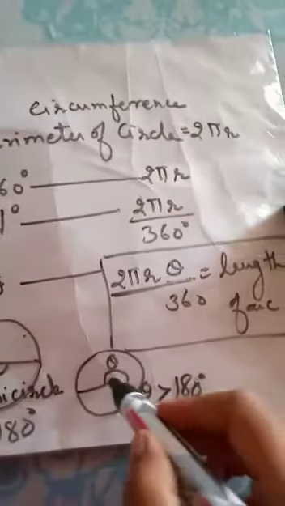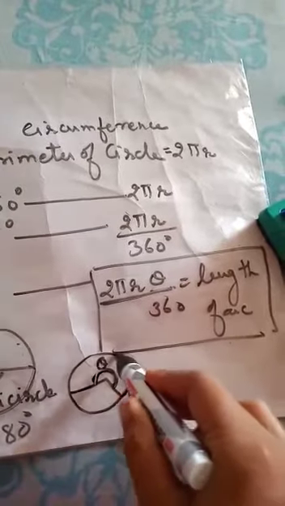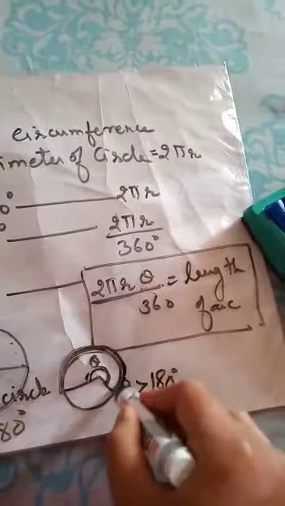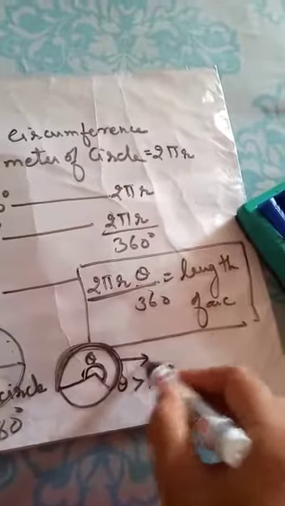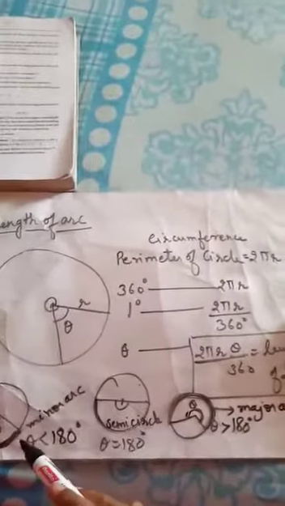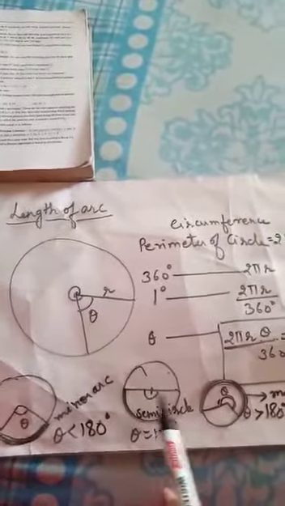And what if the angle is more than 180? If the angle is more than 180, then the arc corresponding to this is this one. देखो ये आर्क सेमी सर्कल से ज़्यादा है. So this is called major arc. Have you understood the concept of minor arc, semicircle and major arc, which depends on the central angle?